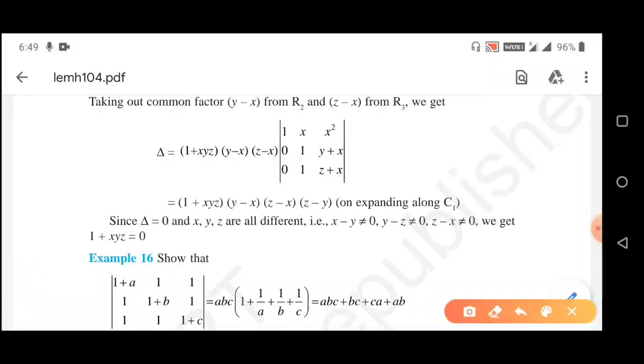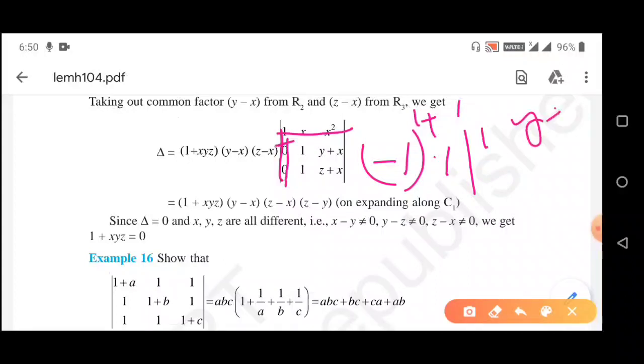Now if we expand it along column 1, then we have to write minus 1 to the power 1 plus 1 for this 1, because it is in the first row, first column. After that we have to multiply this 1. Then we have to write here 1, y plus x, 1, z plus x.